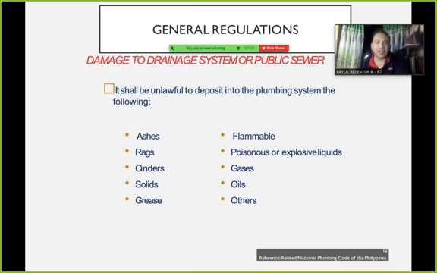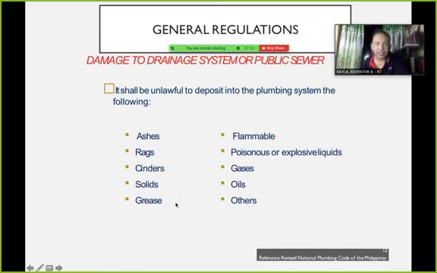So another general regulation pertains to damage to drainage system or public sewer. It shall be unlawful to deposit into the plumbing system the following. No? So if you have a toilet, you put a warning: don't deposit or discharge inside the toilet ashes, rags, which will definitely cause a clog-up, no? Rags, cinders, solids, grease, flammable.